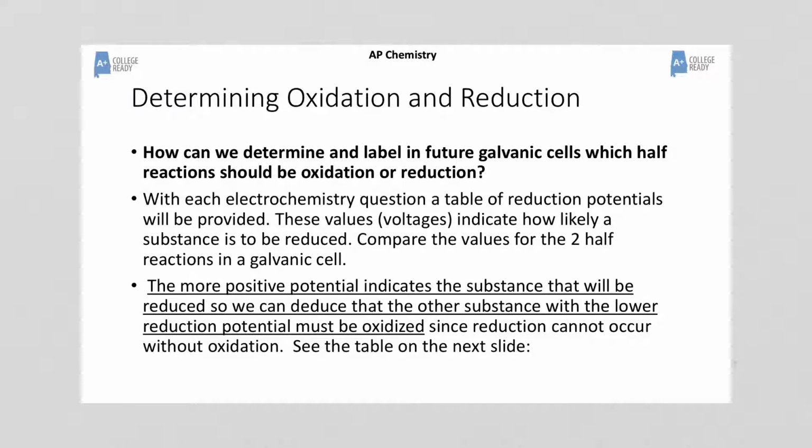So for each half reaction, we're going to have a voltage associated with it, and from those values, we'll be able to tell what's oxidized and reduced. And here's the key: the more positive reduction potential indicates the substance that will be reduced, and therefore whatever the other value is that's lower, that substance is the one that's going to be oxidized.